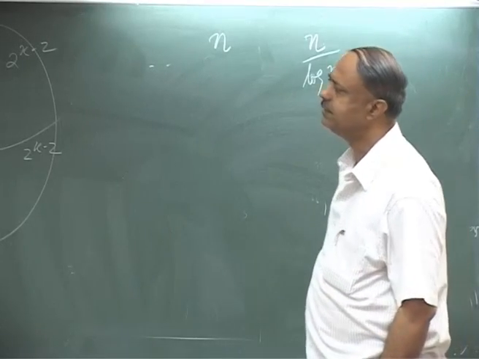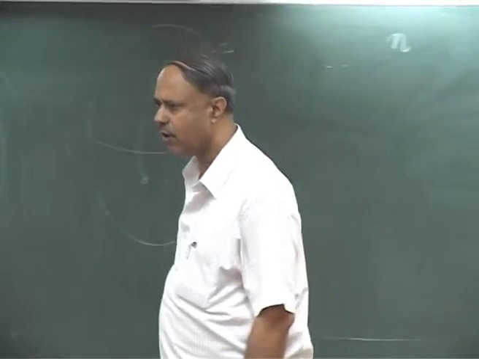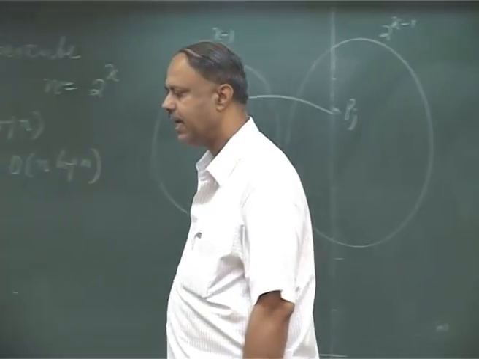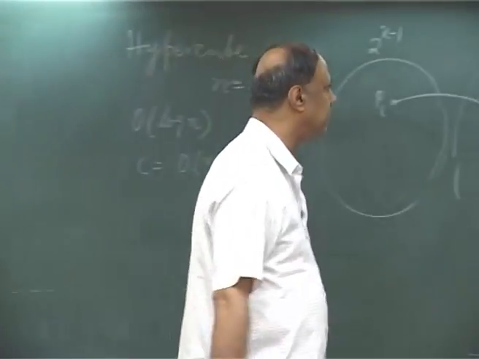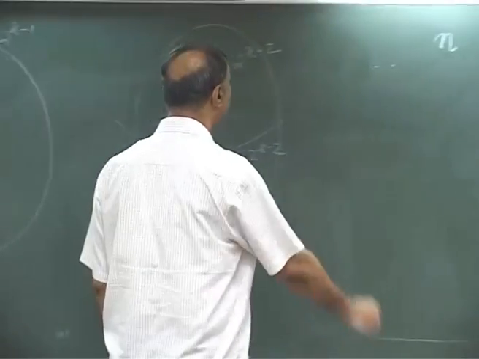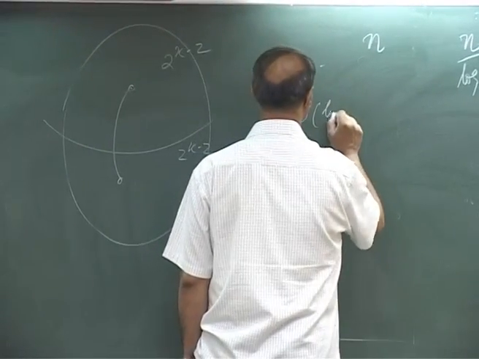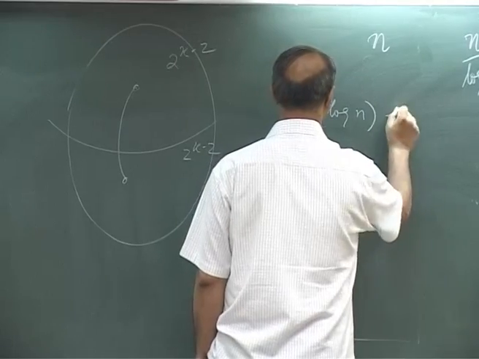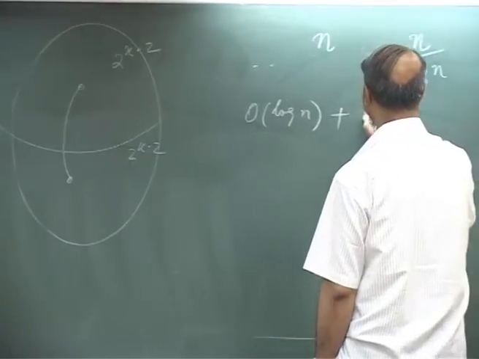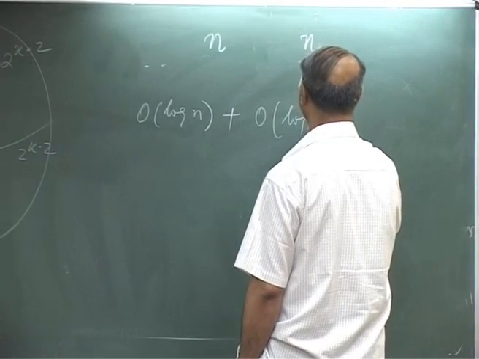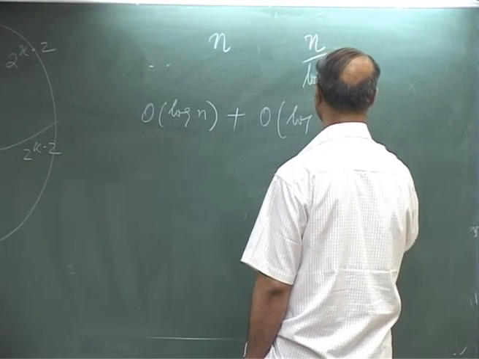Each processor initially contains log n elements, and sequentially they find the sum of these log n elements, which takes order log n time, plus you need to find the sum, which takes order log n by log n time.